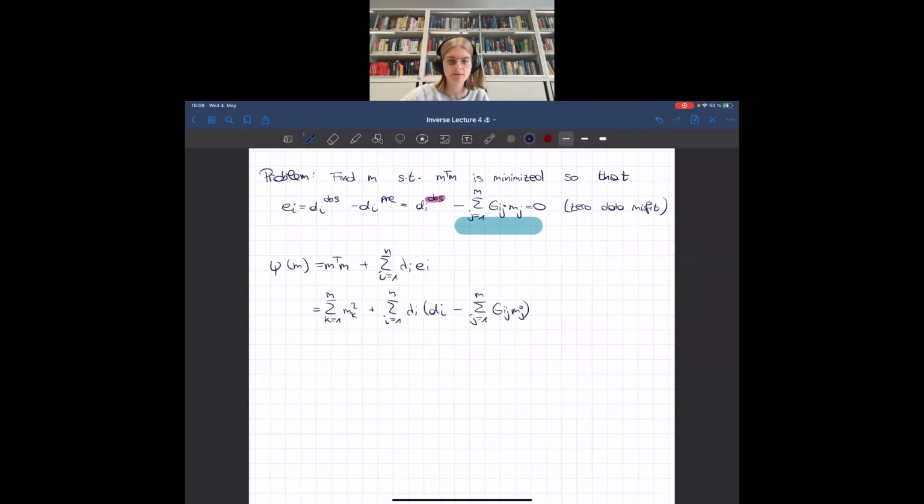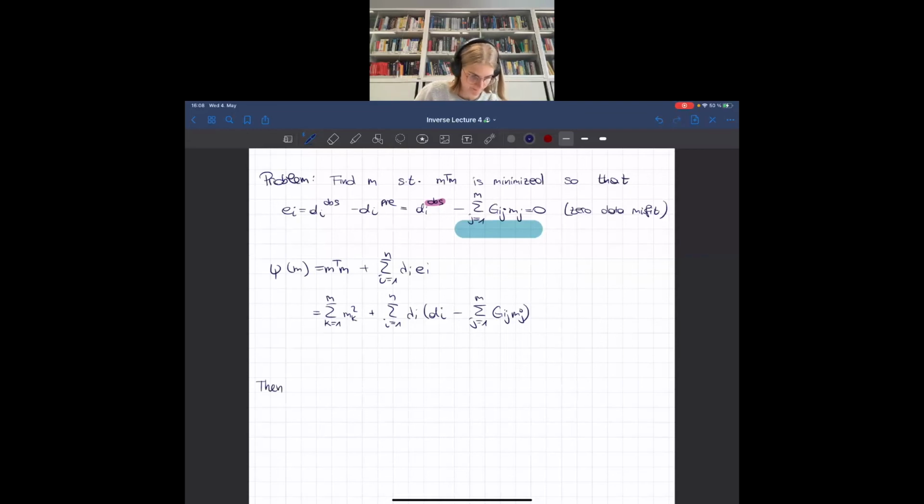Next thing, we build the derivative once again. So we derive psi with respect to the model parameters, and we end up with 2 times m_q. All the others will be left out. And for the sum here, the d's will be thrown away during derivation, and left will be the sum here, whereby we have the derivatives of m_j with respect to m_q.